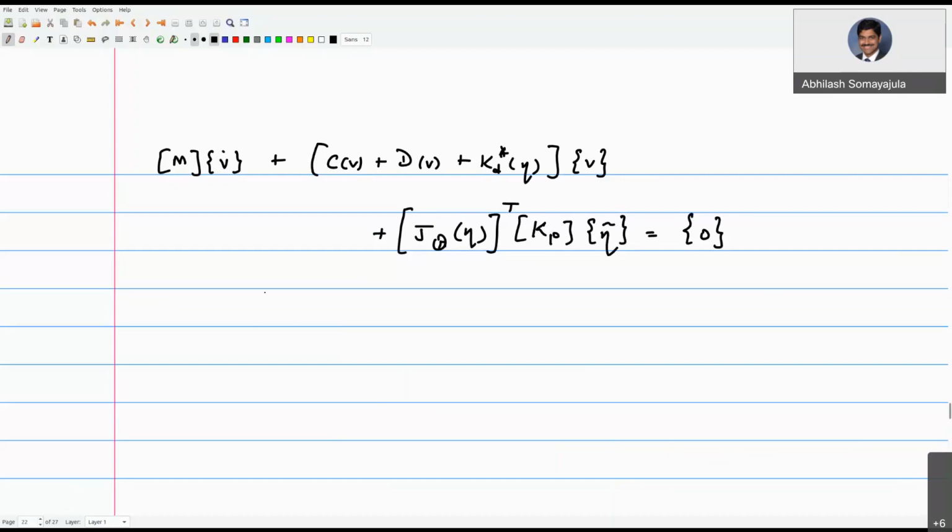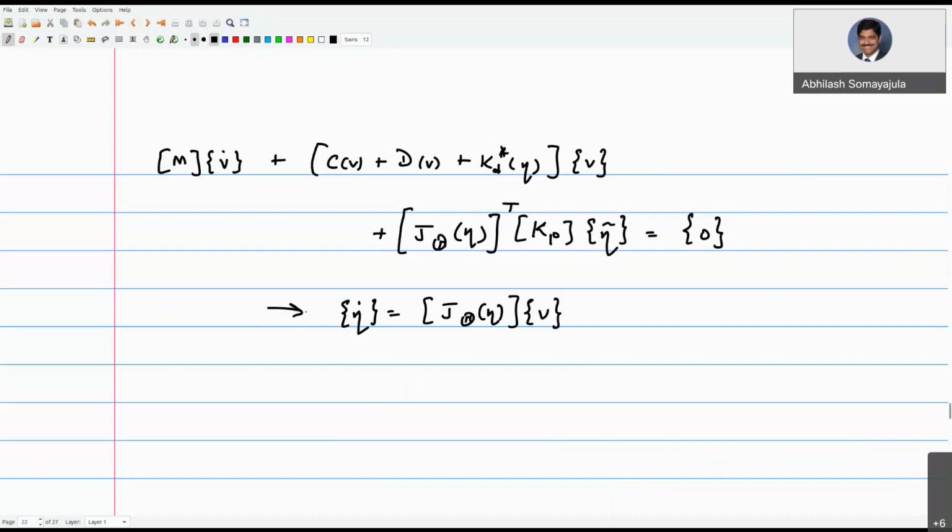Now what I want to do here is use my idea that eta dot is equal to J of theta times v, and differentiate this.